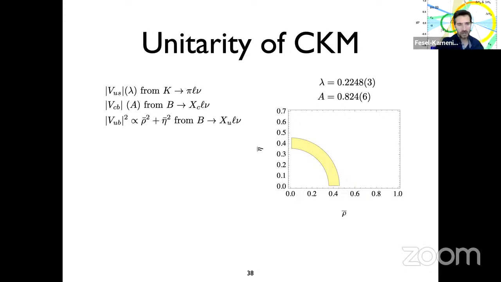The first such important constraint, which measures one side of the CKM triangle, given by the square root of rho bar squared plus eta bar squared, is the measurement of the modulus of the V_ub CKM matrix element, which is possible from the measurements of the rates of semi-leptonic inclusive B decay rates to charmless final states.